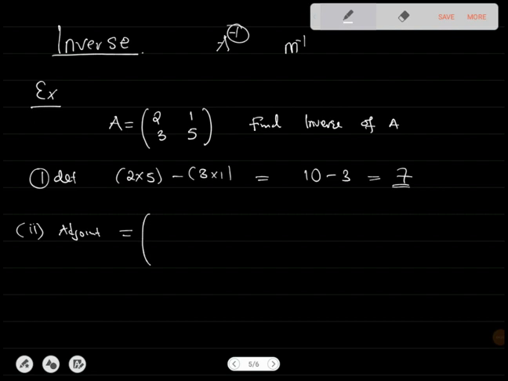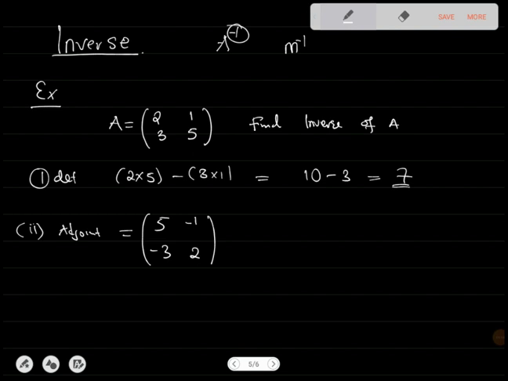With the adjoint, elements in the major diagonal swap each other. So 5 will go there, 2 comes here. While elements in the minor diagonal change signs. This is positive, becomes negative 3. That is positive, becomes negative 1. This is what we call the adjoint of a matrix.